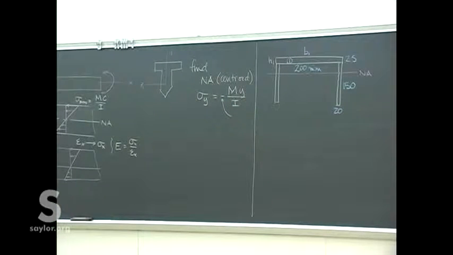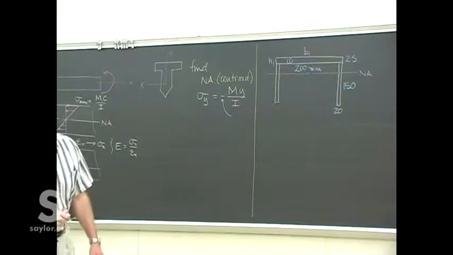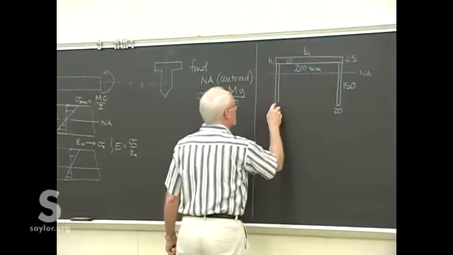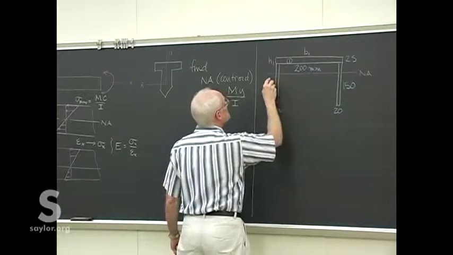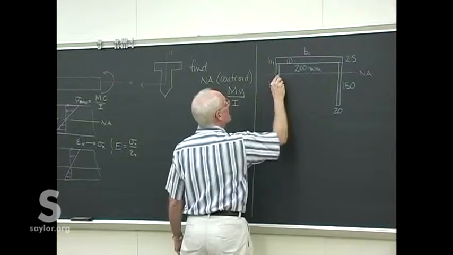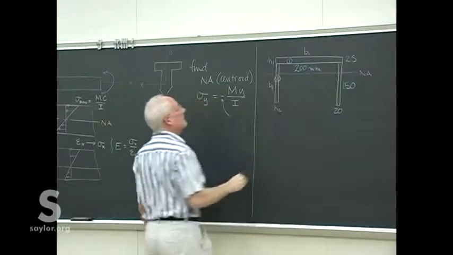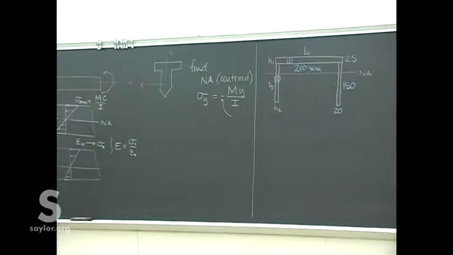I'm going to go through this very quickly because this is just review, a warm up from spring break. I'll call this distance H2, and this distance on the second one B2. You'll see why in a second.